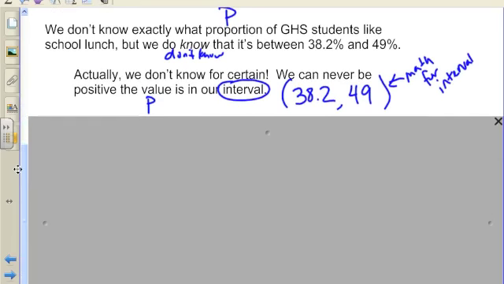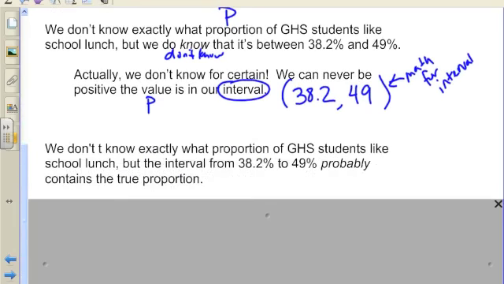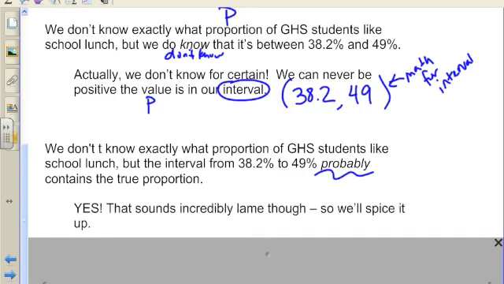Well, let's try another way of thinking of this. We don't know exactly what proportion of Granger High School students like school lunch, but the interval from 38.2% to 49% probably contains the true proportion. As a matter of fact, this is what I'm doing. I don't know what the truth is. I don't know p.